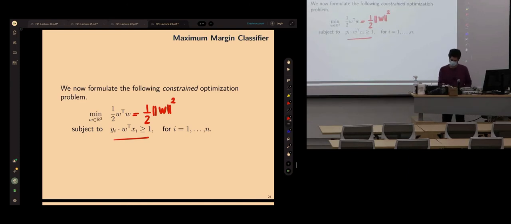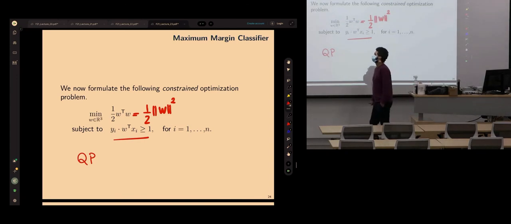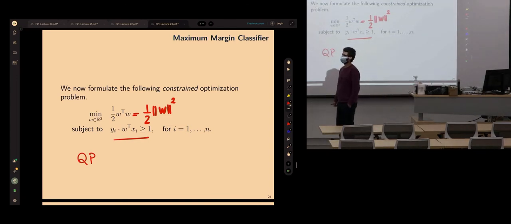This is an instance of quadratic programming. I'll talk about it later. Typically, when you see QPs, quadratic programs, these are nice problems. You have solvers and you can solve them.